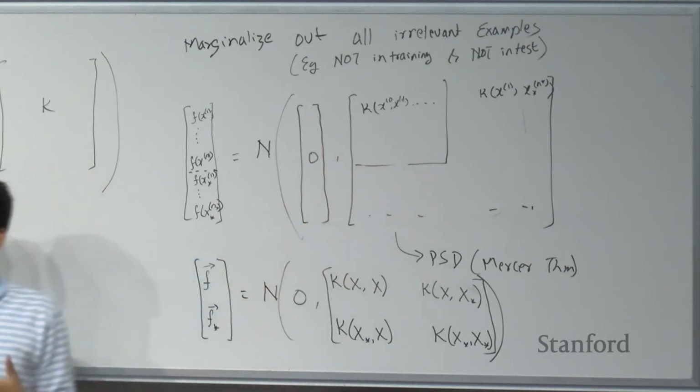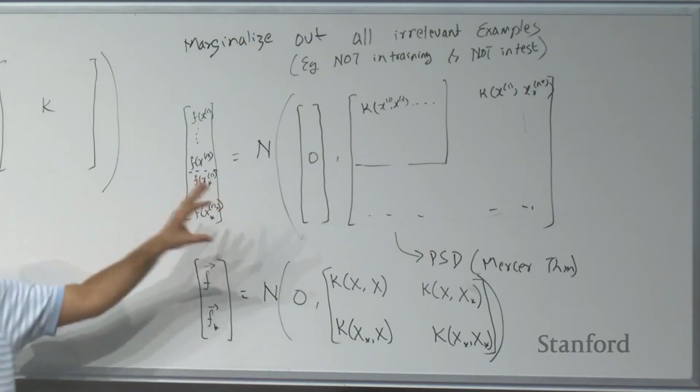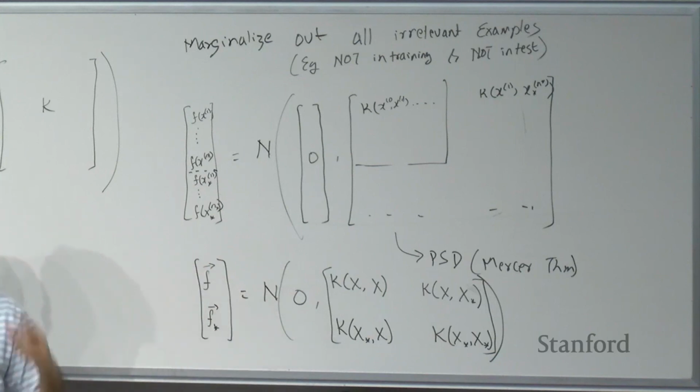There's no limitation of which kernels you can or cannot use, as long as it's a valid kernel that can serve as a covariance function for a covariance matrix or for a Gaussian process. Is the reason because of the definition that we get like dot product of x and z equals to 0? Exactly. The reason is because a kernel can be interpreted as a dot product in some higher dimensional feature space, and dot products are a good similarity metric, so to speak. Yeah. All right. Was there another question?